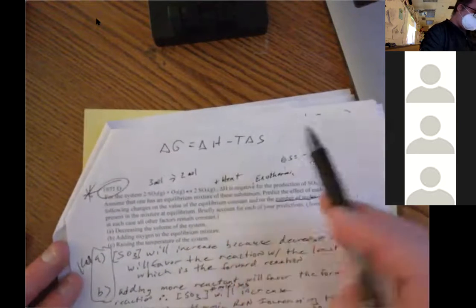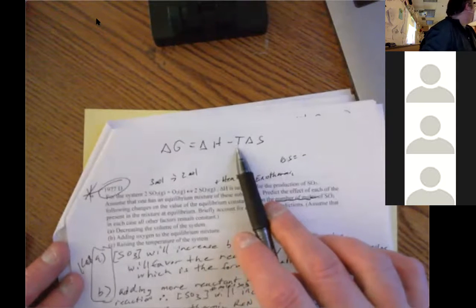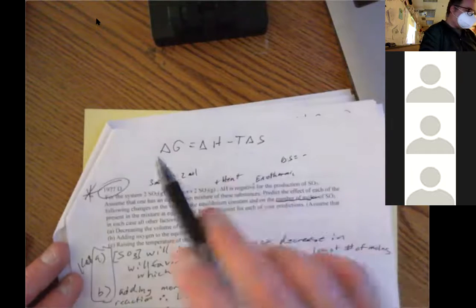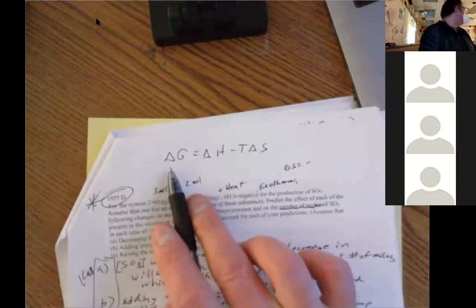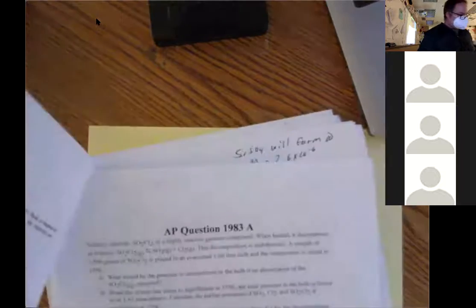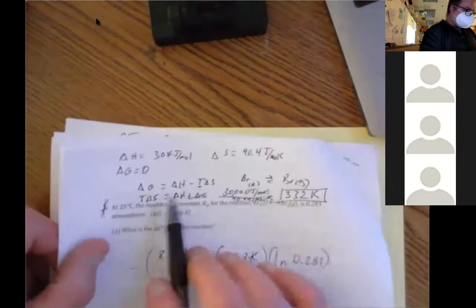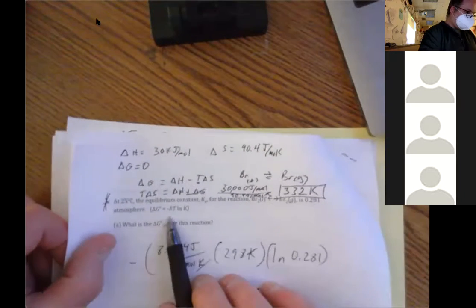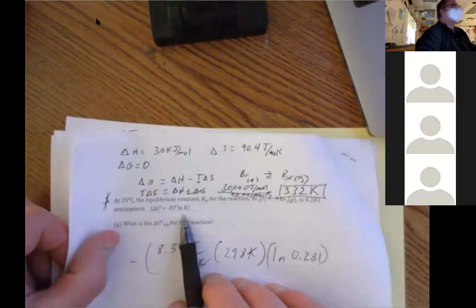But if we change the temperature, if that temperature is higher, what does that do to our delta G? Makes it lower, right? So if we look at our formula here, if delta G is lower, what's going to happen to our K?